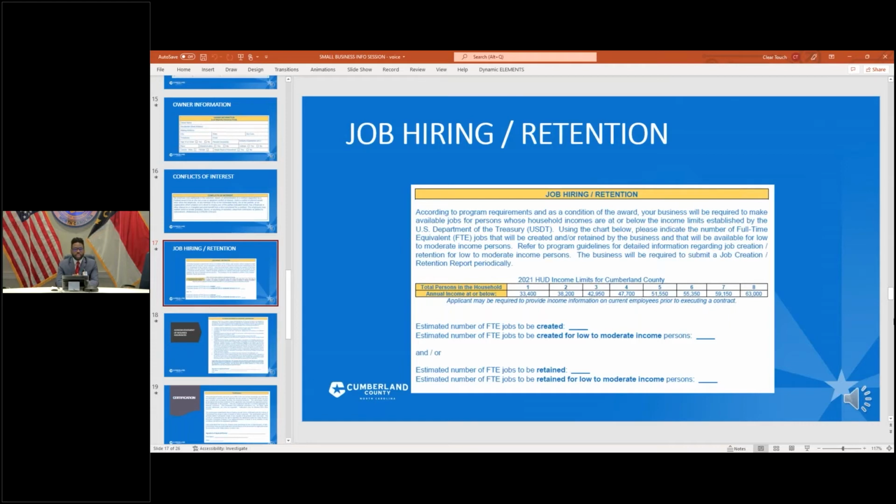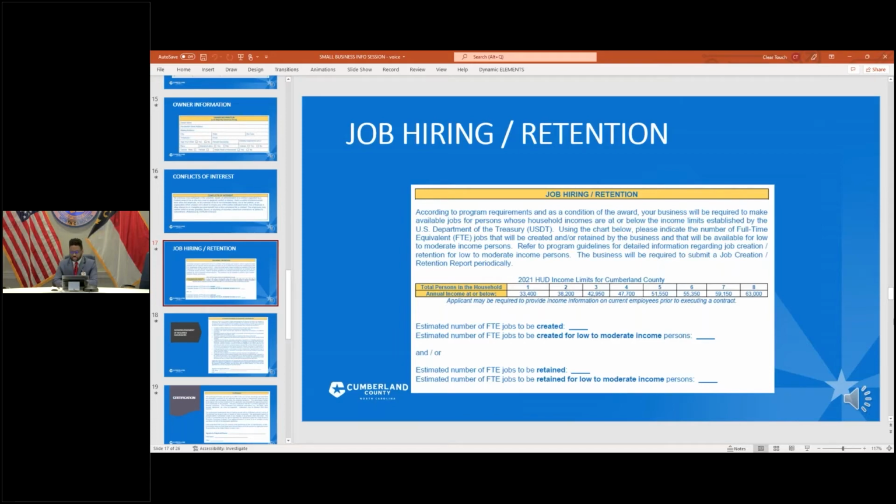And so it's not so much that the business owner is a low income person who owns the business, but that the folks who are being employed by the business are low to moderate income folks. That's an important piece in this. We want, again, people to get back to work. We want people to have job security. And not only is this program about helping business owners, it's about helping the folks that business owners employ.